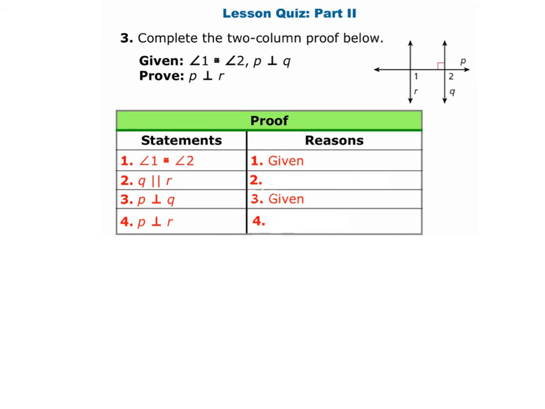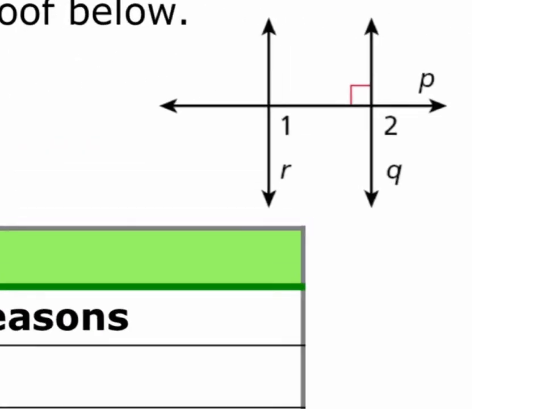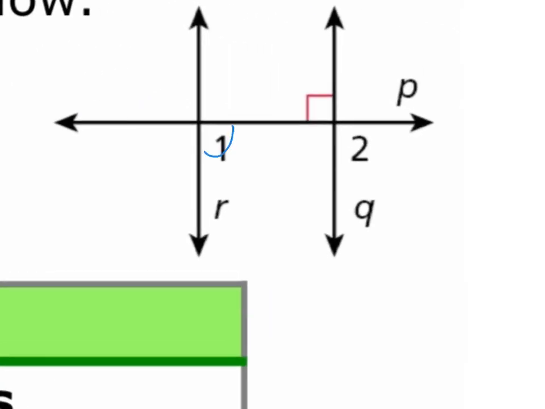So we're given that angle 1 is congruent to angle 2 and P is perpendicular to Q. So we know angle 1 is congruent to angle 2. What do we know that 2 is equal to? 90, because its vertical angle is 90. Then, so if 2 is 90, then what's 1? 90 also.